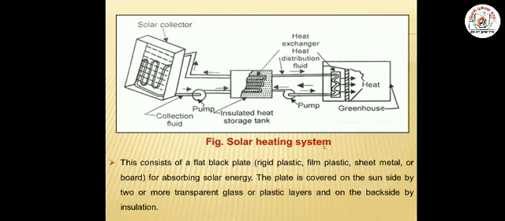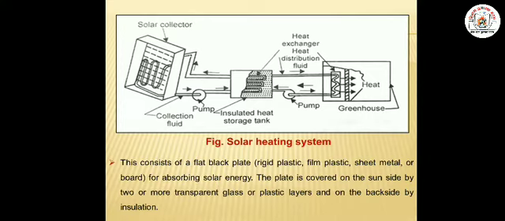solar heating system. Now, this solar heating system consists of a flat black plate. It may be rigid plastic, film plastic, sheet metal, or board for absorbing the solar energy. The plate is covered on the sun side by two or more transparent glasses and or plastic layers, and on the back side by insulation.